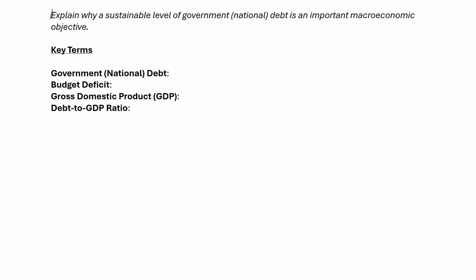Okay, so before we begin, as usual, I like to have little headings or mini sections which give us a rough plan for how we're going to tackle this problem. The first section is on key terms, and here I've got government debt, obviously. Then we should talk about budget deficits, GDP, and the debt to GDP ratio, which is an important indicator of debt relative to national income.